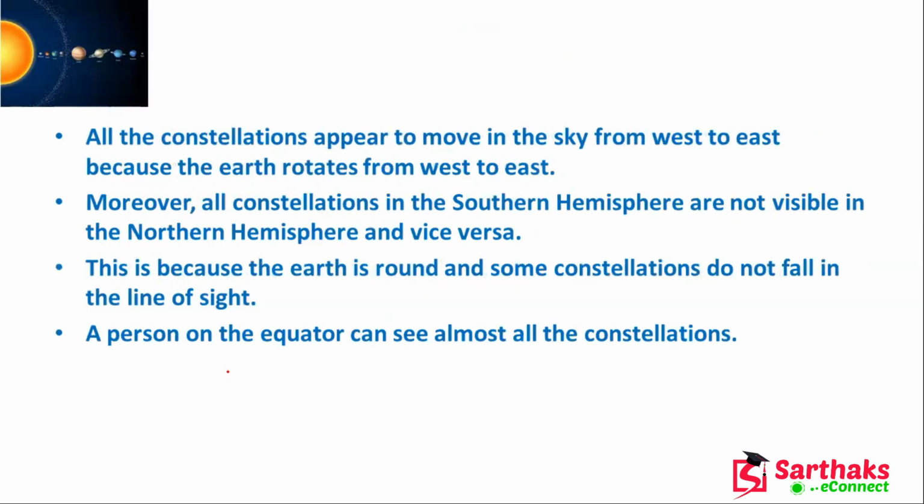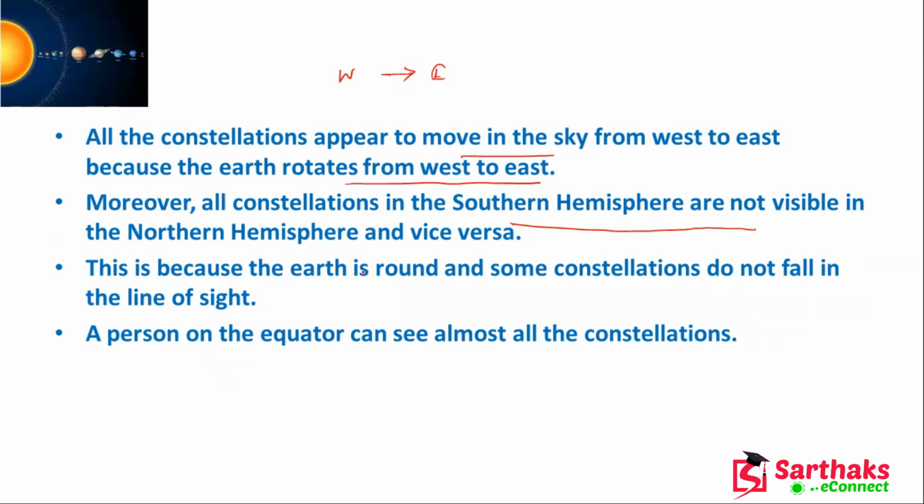Okay. All the constellations appear to move in the sky from west to east, because the Earth rotates from west to east. And constellations of the southern hemisphere are not visible in the northern hemisphere, and vice versa.